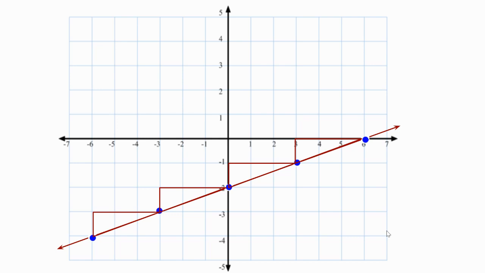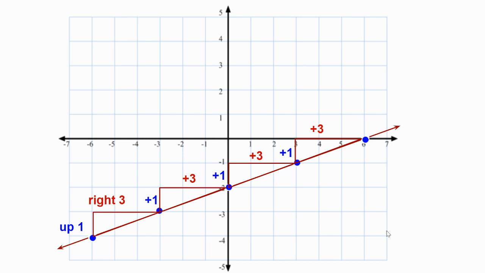Well, what am I starting at? I went up 1, and then I went right 1, 2, 3 spaces. Remember, moving up is a positive movement, and moving right is also a positive movement. So up 1, right 3, up 1, right 3. That's what it does throughout the entire line.